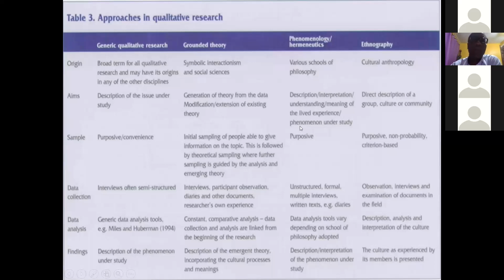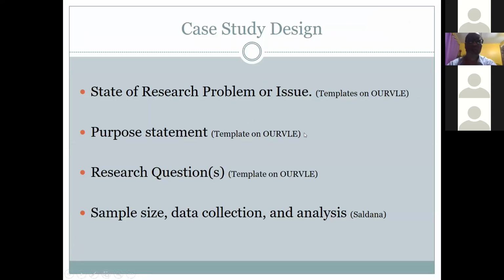I'll share the PowerPoint with you so you'll be able to see this. And then these are just some reminders that you have in your set of stuff in the RVLE template for research problem and statement of the research, purpose statements, research questions, sample size and stuff, which is in Saldana, the analysis which is in Saldana. Right?